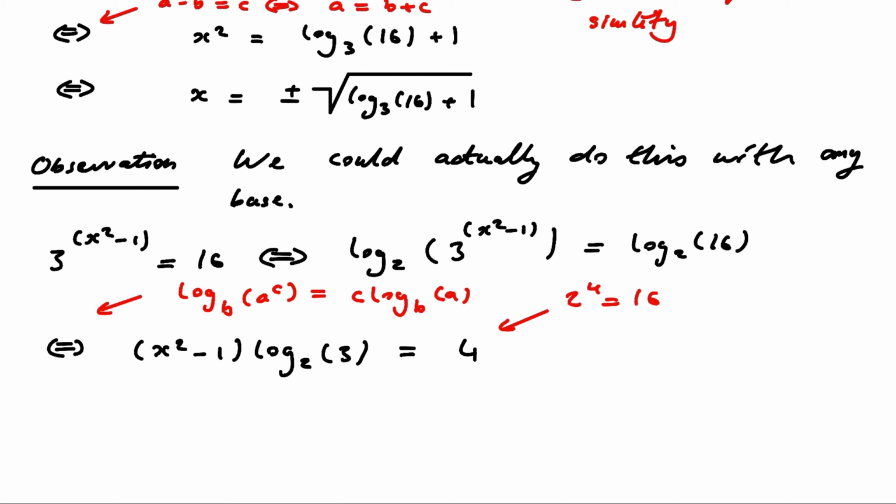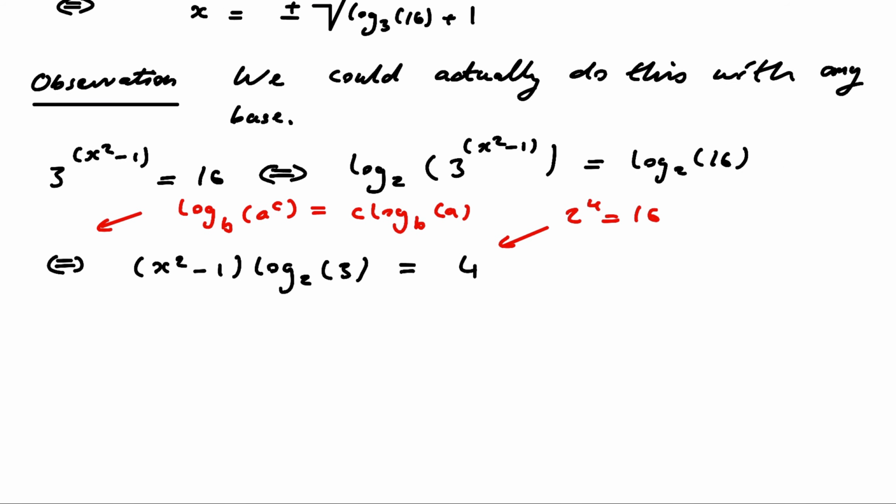So now I'm in the same type of situation as before, but it's a little bit different. I need to divide through by log to the base 2 of 3. So x squared minus 1 is going to be equal to 4 divided by log to the base 2 of 3. So now this is if and only if. That's a standard piece of algebra, just dividing through. I'm not going to label that because we've seen it so many times.